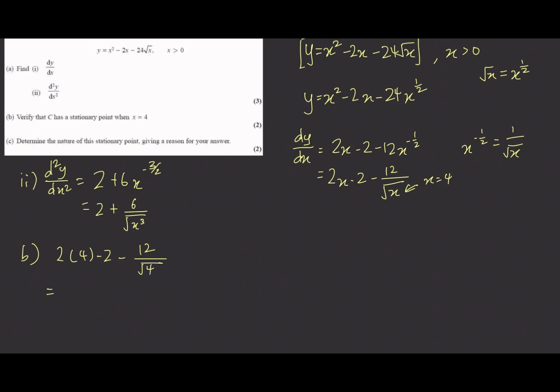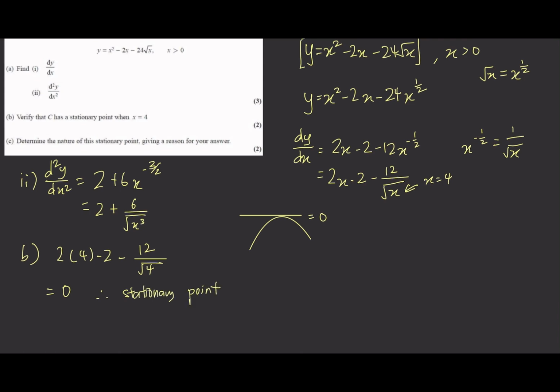If you input it into a calculator, you will get 0. Therefore, because the derivative is the slope of a line, when the slope equals 0, that means it's at a stationary point. Yes, therefore it's a stationary point.